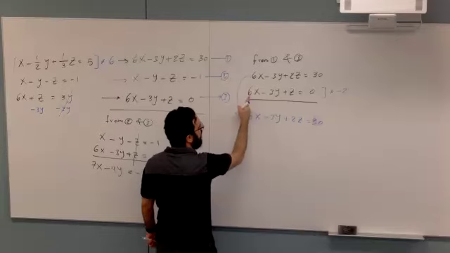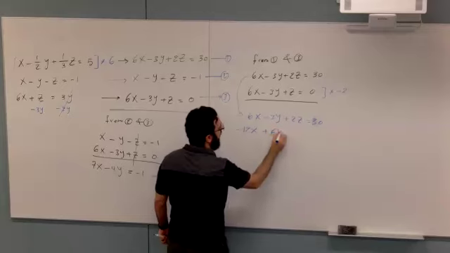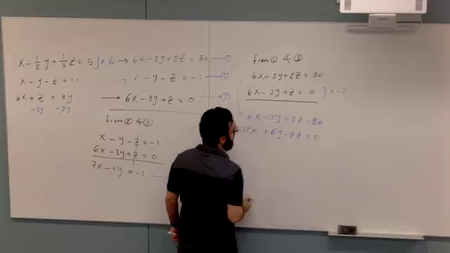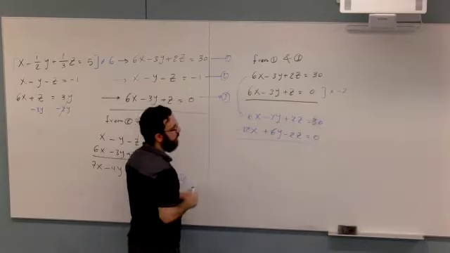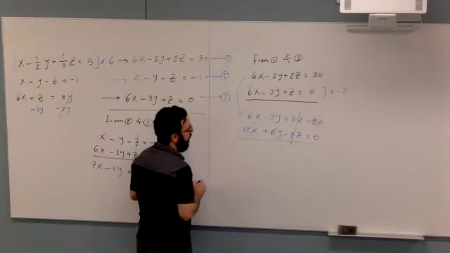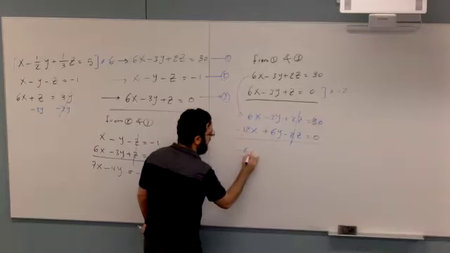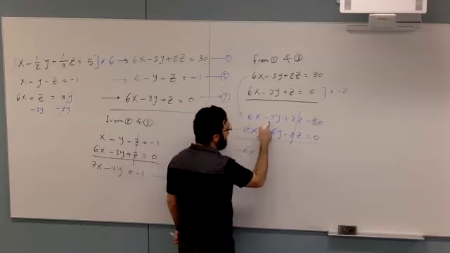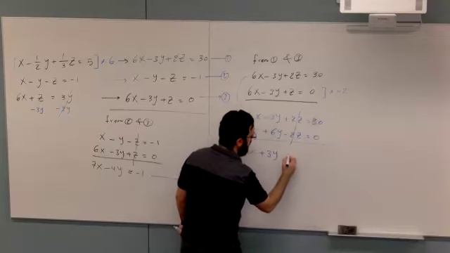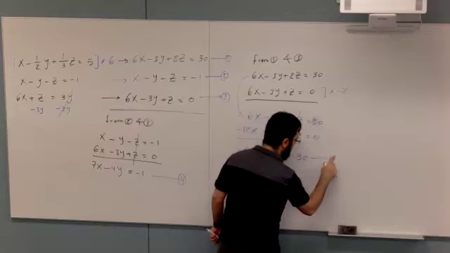And the second one, multiplied by -2, negative 12x plus 6y minus 2z. 0 times -2 is 0. Is that okay so far? Now cancel these. The new equation is going to be 6 minus 12, negative 6x, negative 3y plus 6y is 3y, equal 30. This is number 5.